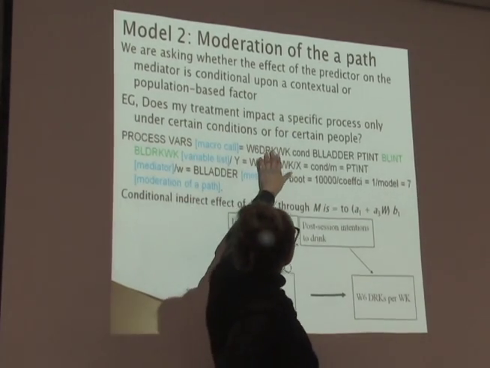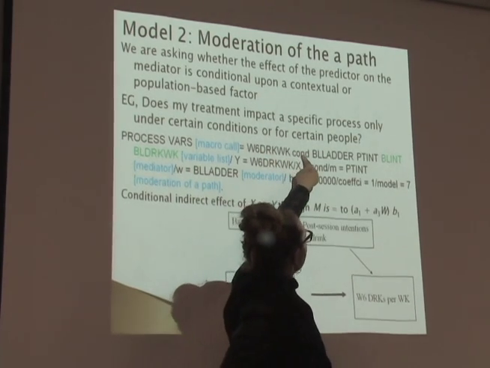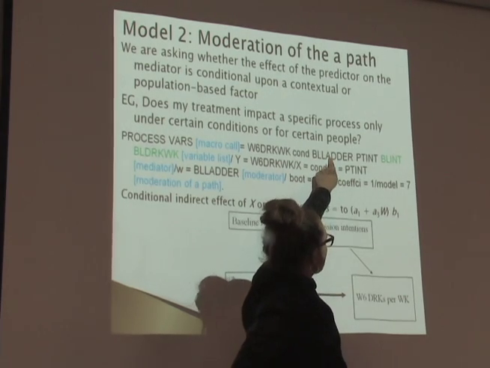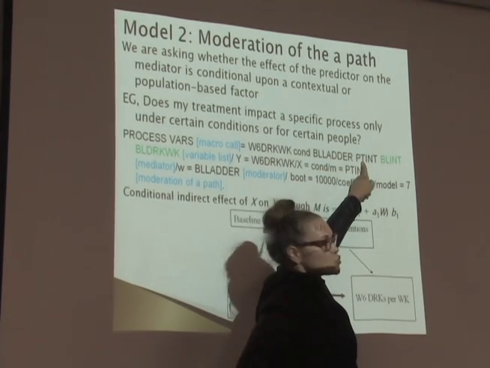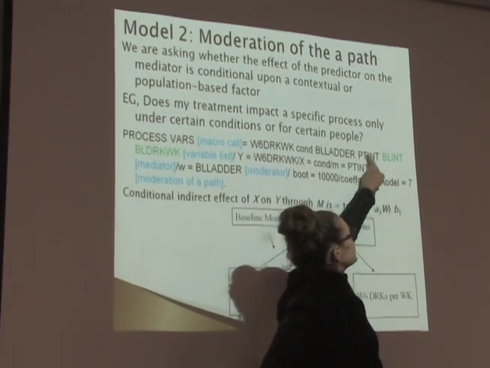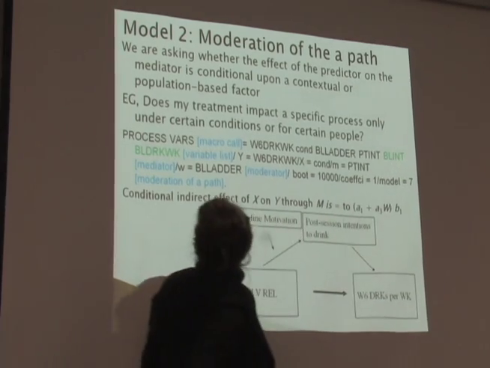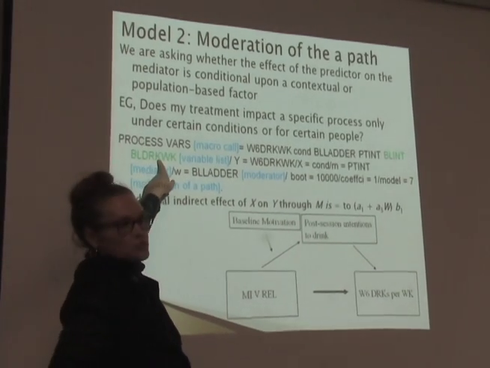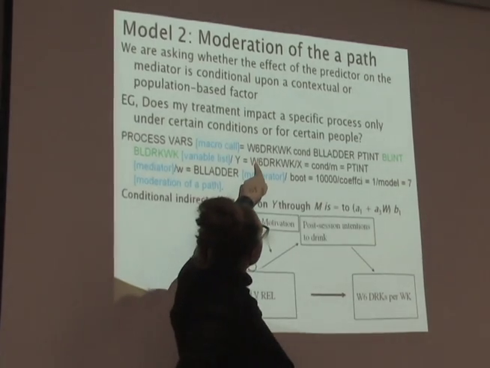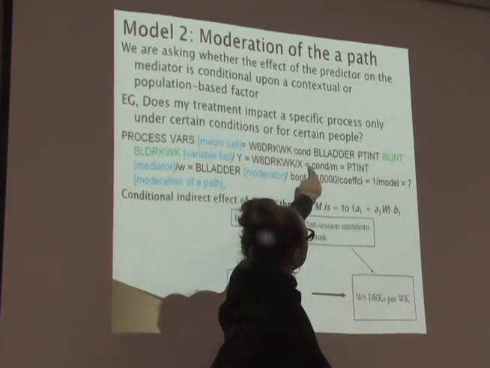Our variable list, which is the Y, drinking, 6 weeks drinking, condition, MI versus REL, baseline ladder, which is our moderator, and post-treatment intentions to drink, which is our mediator, baseline intentions to drink, which is just our covariate, and then baseline drinking is our other covariate. And so now we just tell PROCESS where the variables need to go.